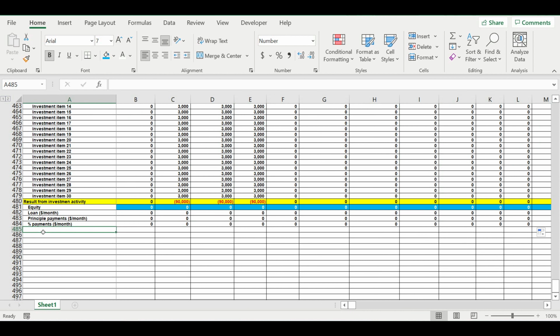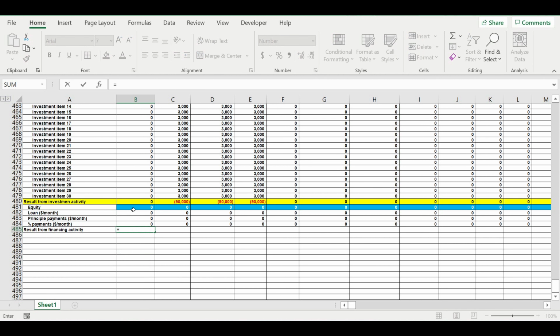Now we create the line for the result from financing activity. It is equity plus loan minus payments.